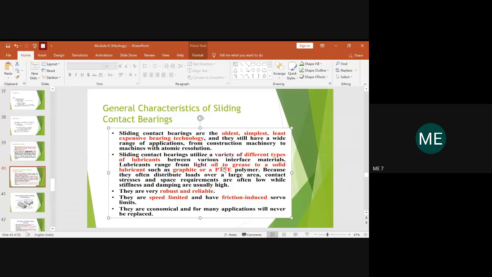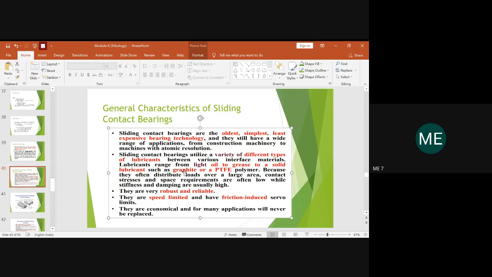If you analyze this, then you can think about which grade of lubricant and which amount of viscosity is sufficient to run for a longer period of time, so that the sliding contact bearing could be considered very reliable for a long period of time. Apart from that, these sliding contact bearings are very robust in nature and highly reliable.